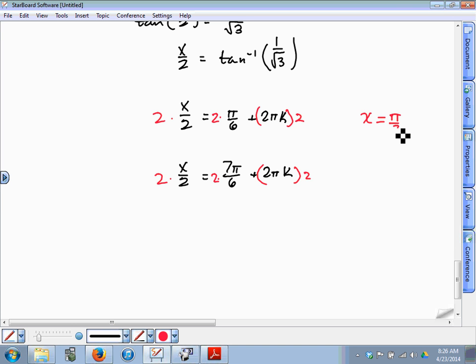Pi over 3 plus 4 pi k. And then x equals 7 pi over 3 plus 4 pi k.